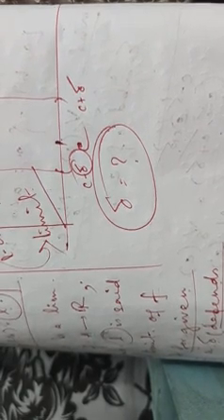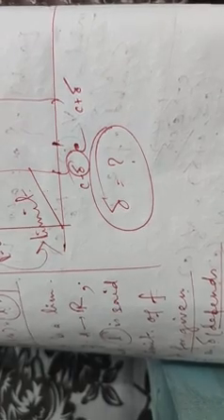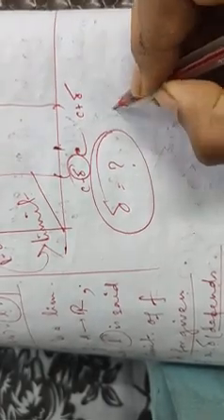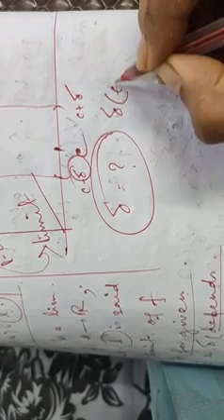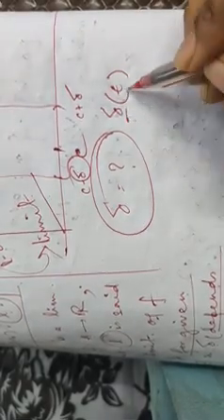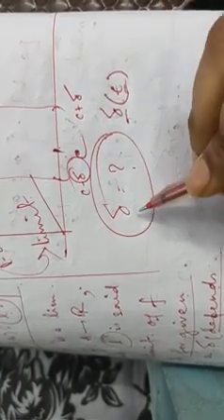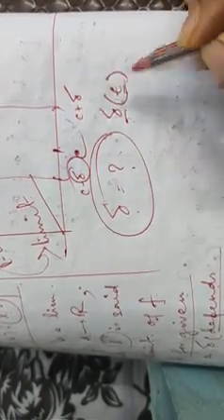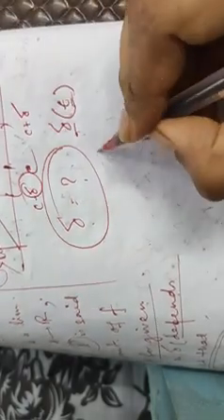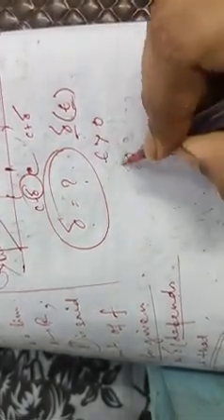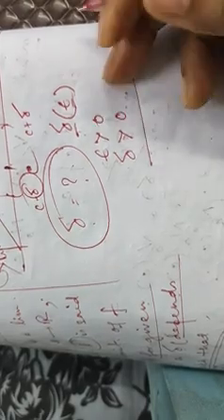Sometimes we also write delta as delta(epsilon), because delta is always dependent on epsilon. If you change epsilon, delta will automatically change. So delta and delta(epsilon) are the same thing, and always epsilon is greater than 0 and delta is also greater than 0. We are dealing with positive quantities.